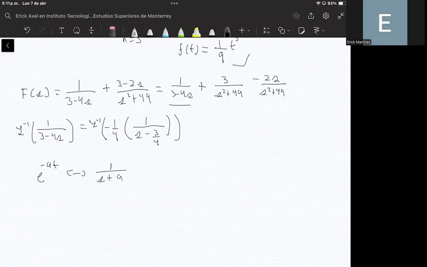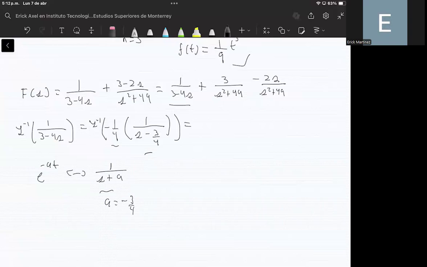Okay. And what else we can do? So the idea is that we can compare the two functions, this one and this one. And here we can conclude that a should be equal to minus 3 over 4. Okay? So we can compute the inverse Laplace transform of this first as follows. Well, we can get rid of this constant.